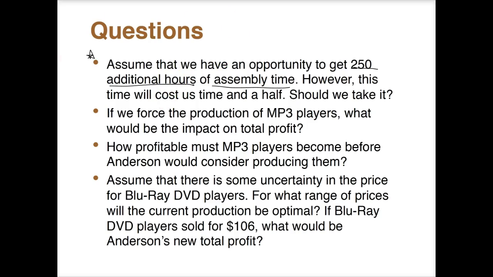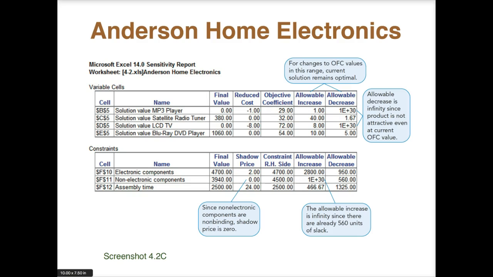And we'll go back to our sensitivity report here and see how adding those additional 250 hours is going to affect us. All right, so we're at our sensitivity report here, and we see that we want to add 250 additional assembly hours. Okay.